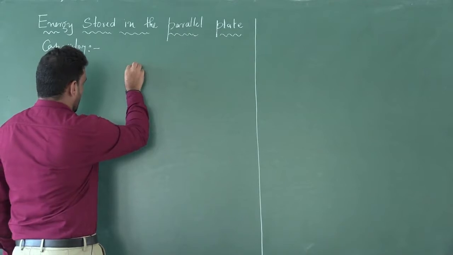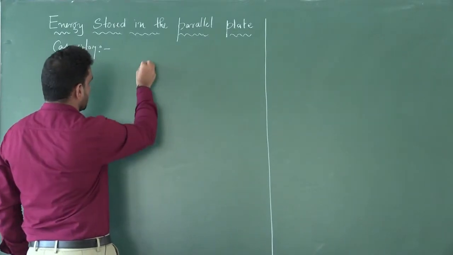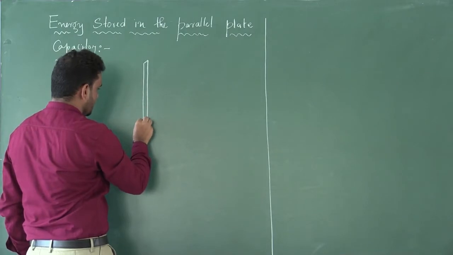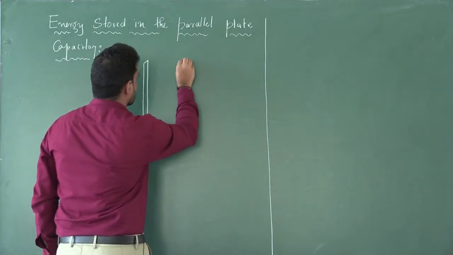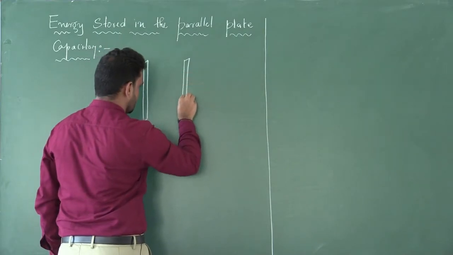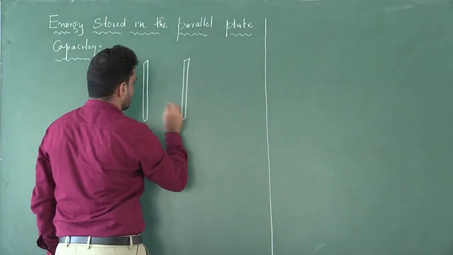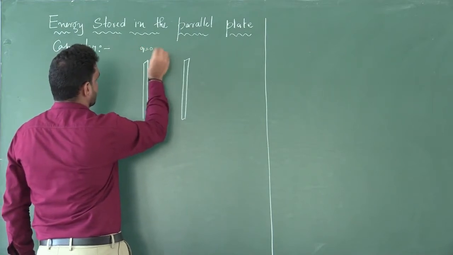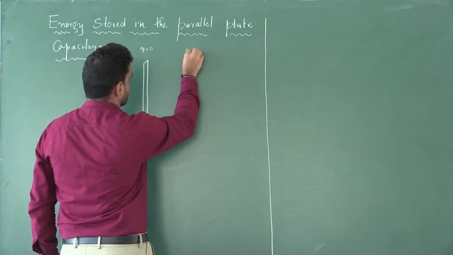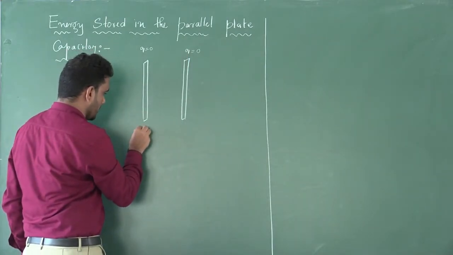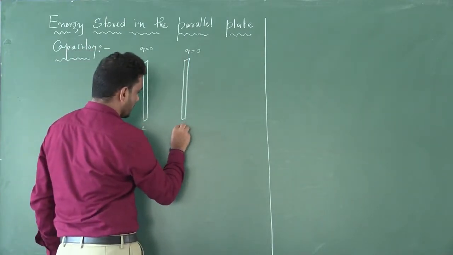I'll try to explain using a simple example. Here I'll consider 2 metallic plates. Initially, the charge on these 2 plates is 0. So we shall call them plate number 1 and plate number 2.